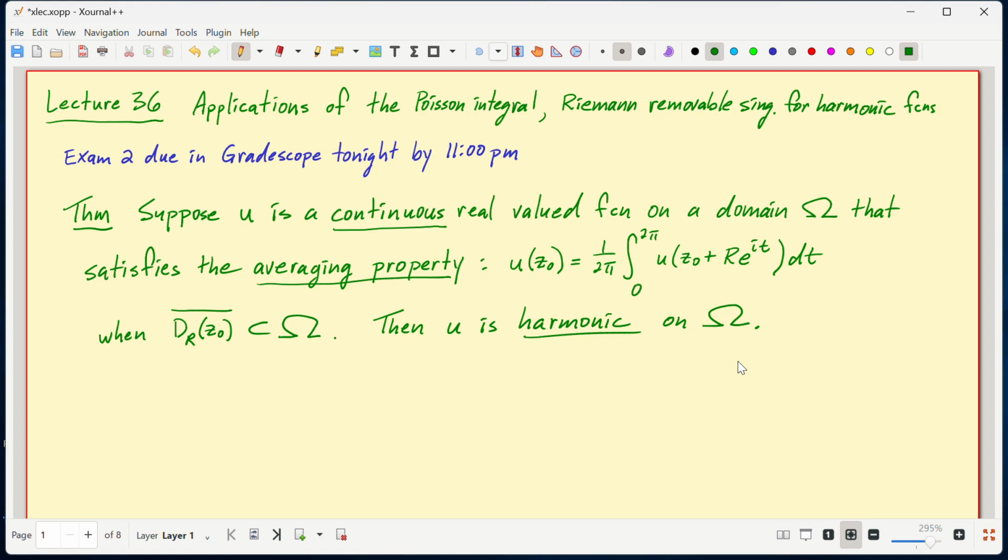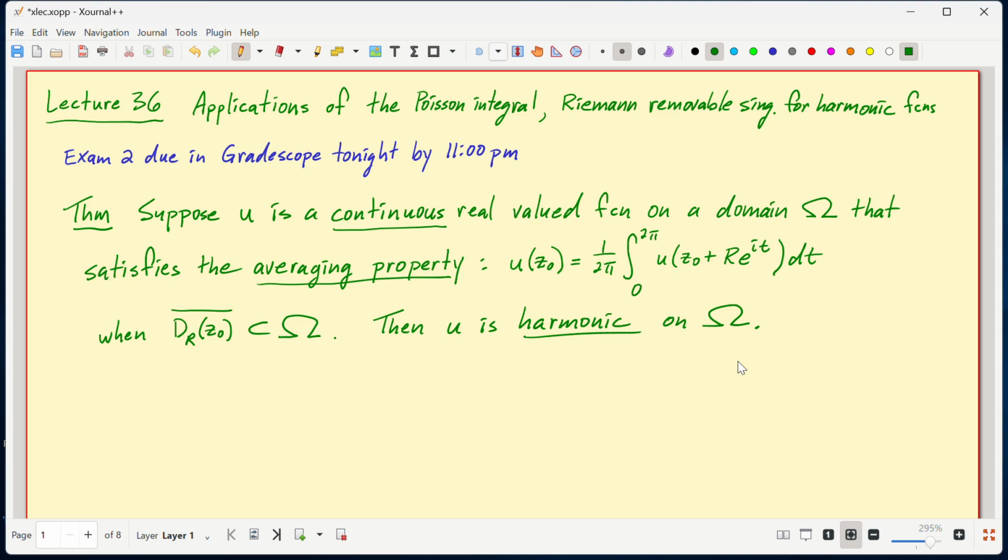And you think of the averaging property, it's kind of a believable property, that some physical problem that's about diffusion, like temperature diffusion, is likely to satisfy an averaging property. I mean, in the steady state temperature in this room, the temperature right here is the average in a disk around it.